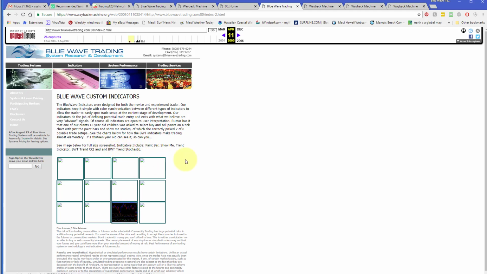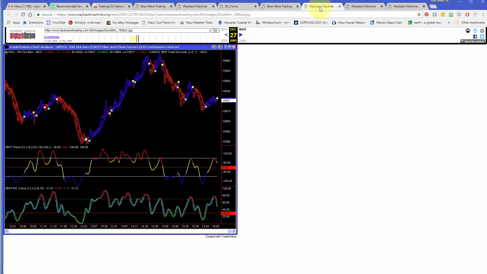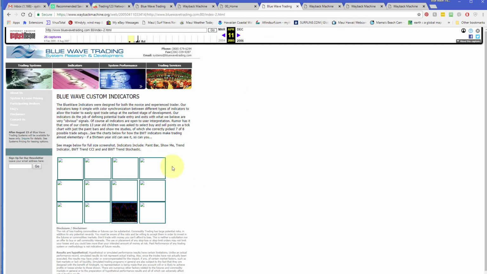They were in this TradeStation platform, and here's a really early shot from TradeStation of the trend indicator, where it originated, and again, this is showing going back to April of 2005. It was around this time that I first created these indicators.